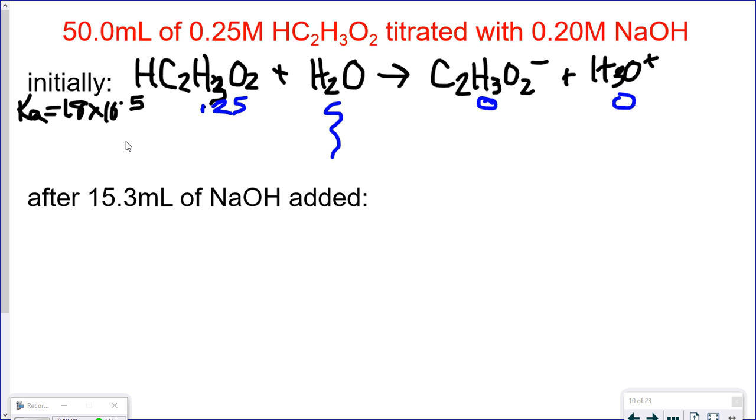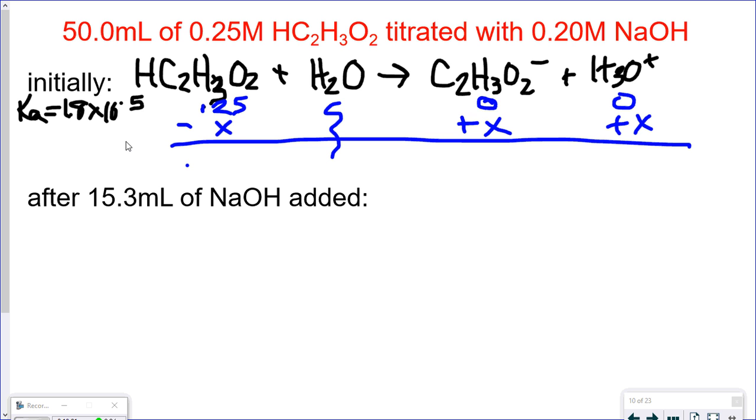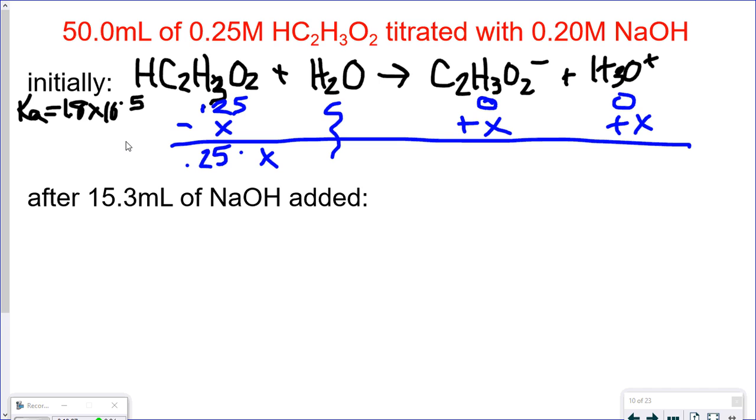So we're going to decrease our concentration of acetic acid, increase acetate, and increase hydronium. So our equilibrium concentrations are 0.25 minus x, x, and x.